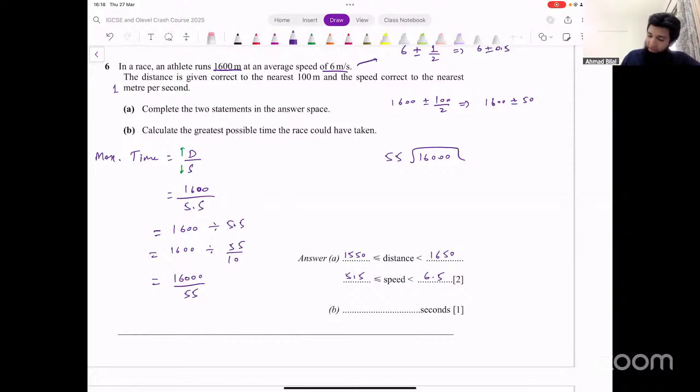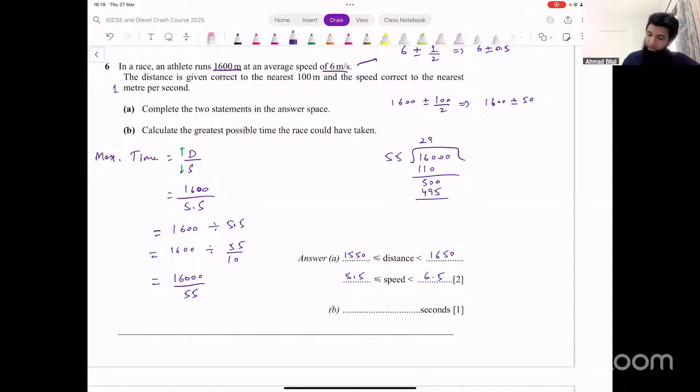Okay, 165, 55 multiplied by 3 gives us 165 here. And then we bring down the next digits. 55 times 9 is going to give you 495, because 55 times 10 is 550, and 55 times 9 then would be 495, and that leaves me with 5.